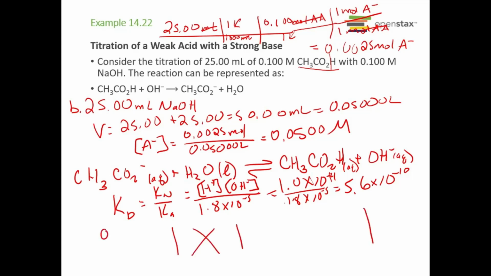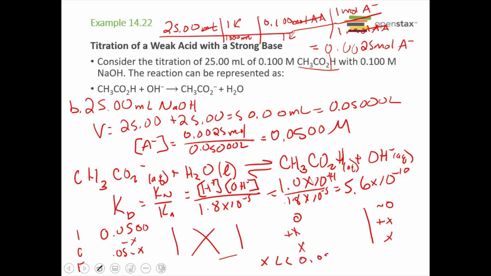Now we're starting with 0.05 molar CH3CO2, and we are going to assume 0 acetic acid, approximately 0 hydroxide, minus X, plus X. So this is the standard ICE table, X, 0.05 minus X. And based off of that Kb, we can assume that X is much, much less than 0.05. So that becomes 0.05.